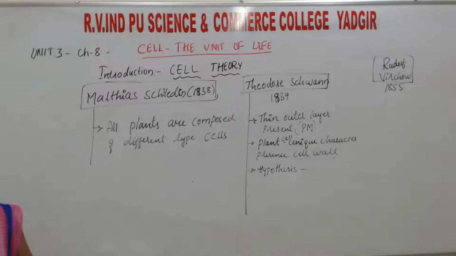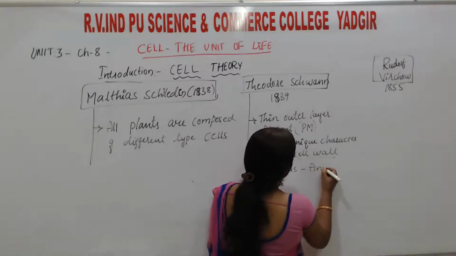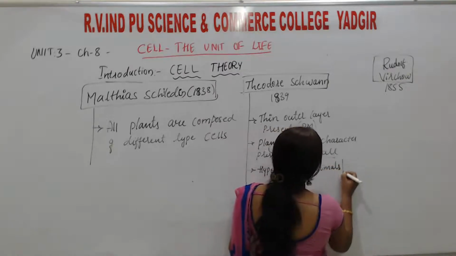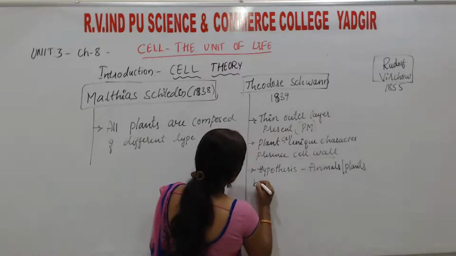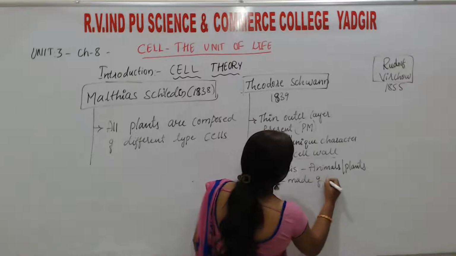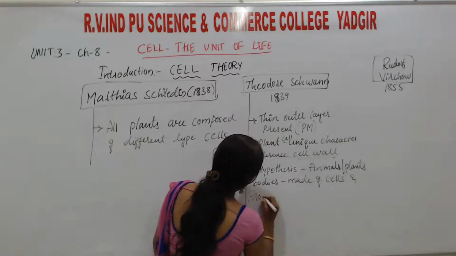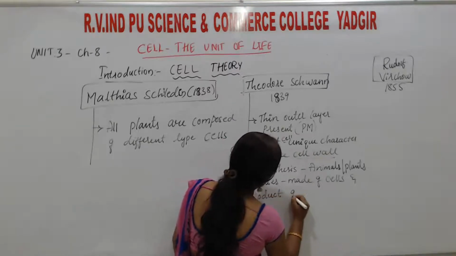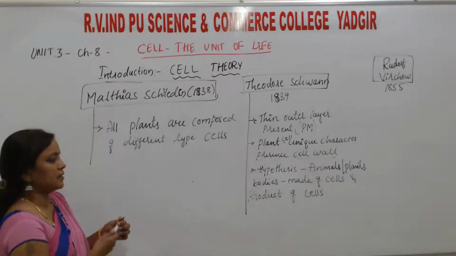And the hypothesis is that the bodies of animals and plants are composed of cells and products of cells.